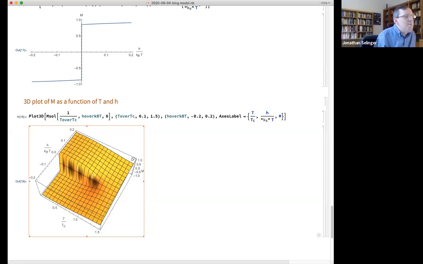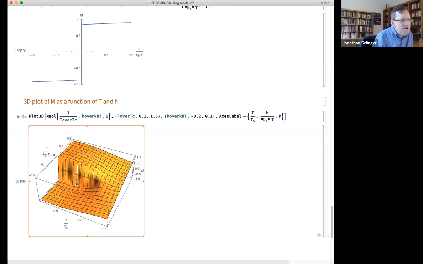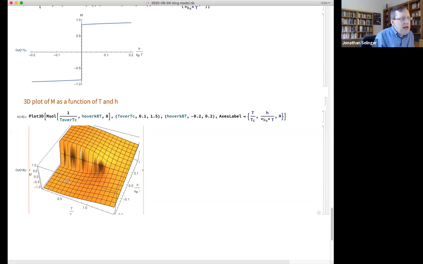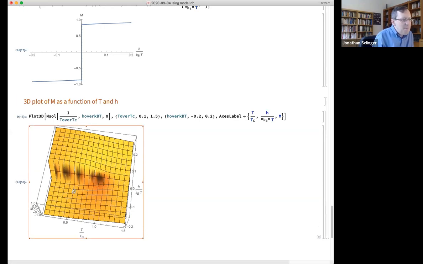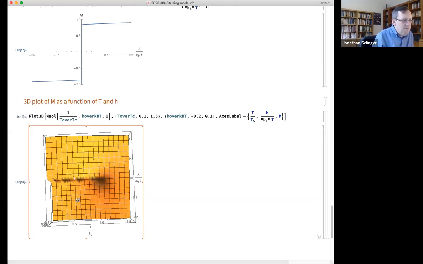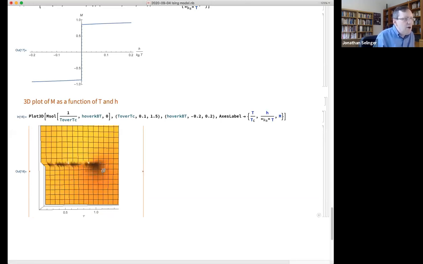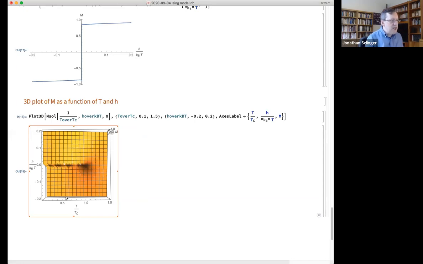Now, suppose we look at this three-dimensional plot from above. Okay. So if we look at it from above, I'm going to make a visualization like this one. In this visualization, here is temperature. Here is magnetic field.